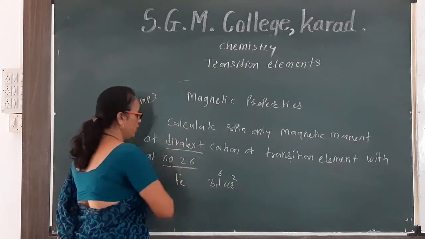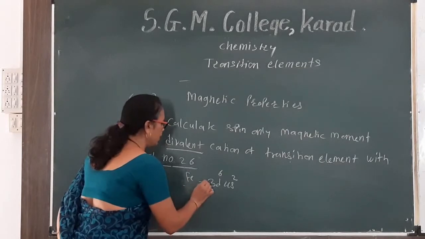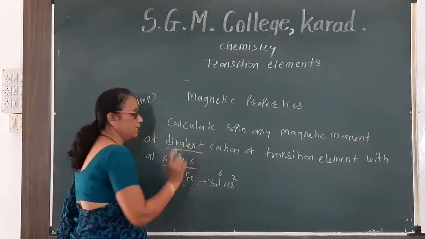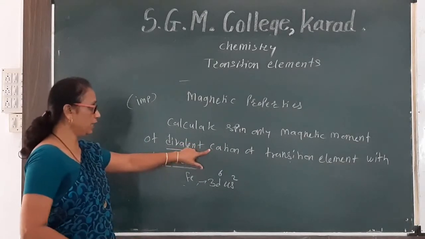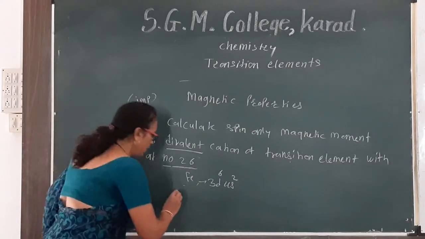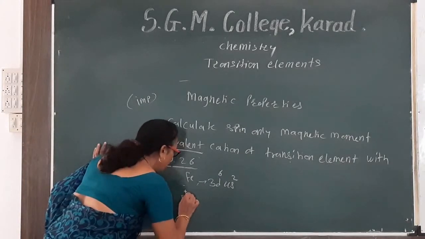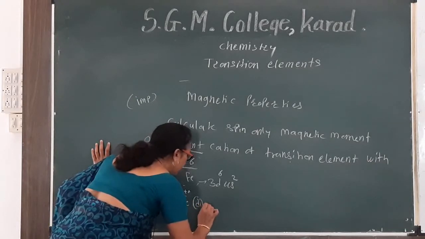It is a divalent cation, means two electrons are lost from the outermost shell, that is Fe becomes Fe plus 2. Or say only divalent cation.